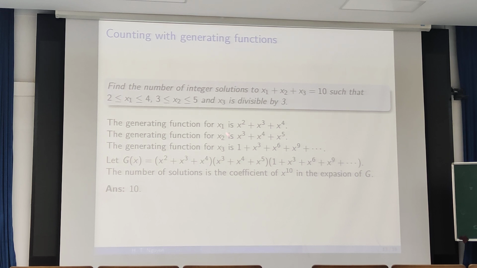It is the same here: x2 can be 3, 4, or 5, so you have only 3 terms, x to the power 3, 4, or 5. For x3, the only possible exponents are the ones divisible by 3, so you keep only 0, 3, 6, 9, 12, and so on.